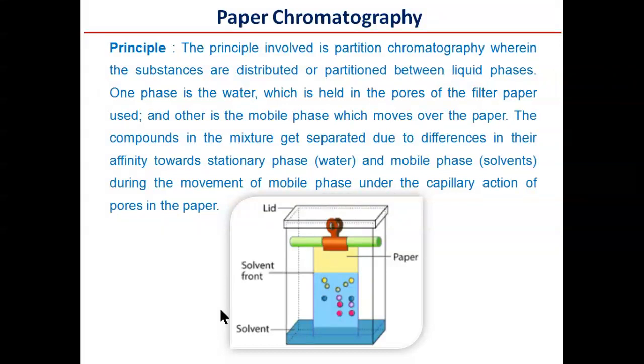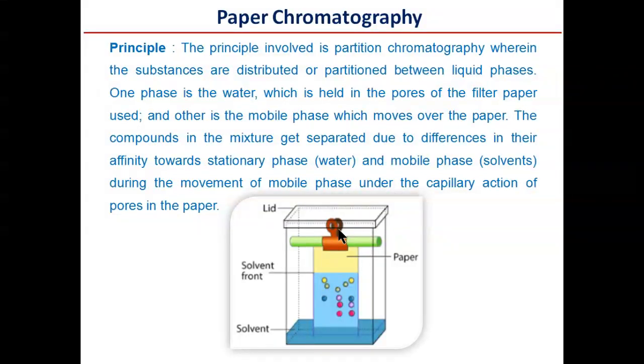The components of the mixture get separated due to the difference in their affinity towards the stationary phase, or the water, and the mobile phase, or the solvent. During the movement of the mobile phase, it is under the influence of capillary action of the pores in the paper. So this is the principle.